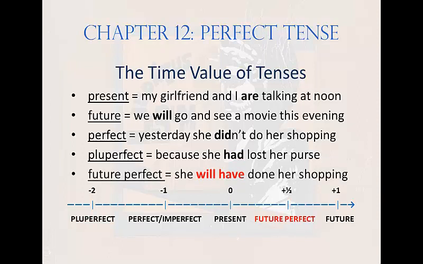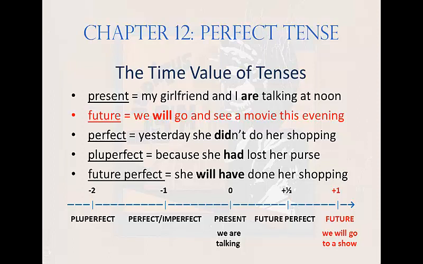Let's review this story again, paying careful attention to the tenses. My girlfriend and I are talking right now, in the present tense, about our plans in the future that we will go to a movie.